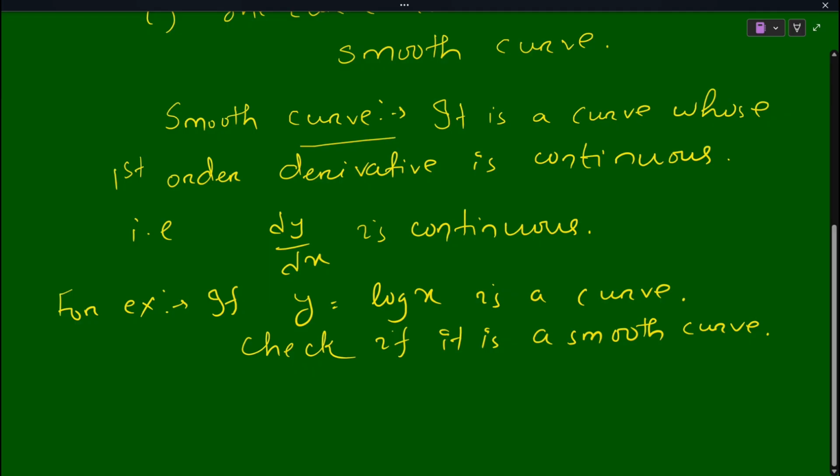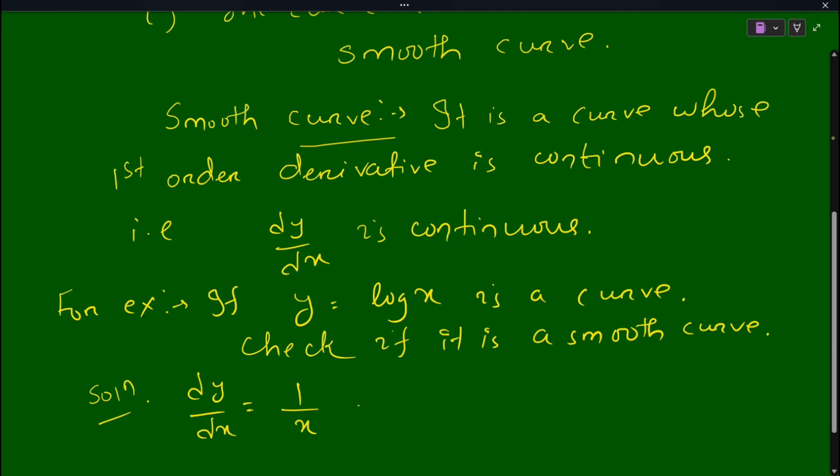The definition states that dy by dx should be continuous. So we will see what the value of dy by dx is. We know this value is equal to 1 by x.